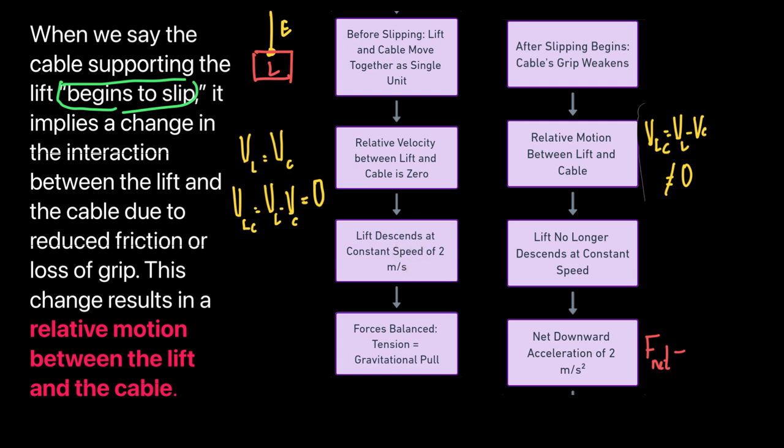Now it is no longer at a constant speed. In fact, it is coming down with a net downward acceleration of 2 meter per second square. It's really important that we try to understand each and every phrase given, because when you get such clarity in the question, things become really easy to calculate and understand.